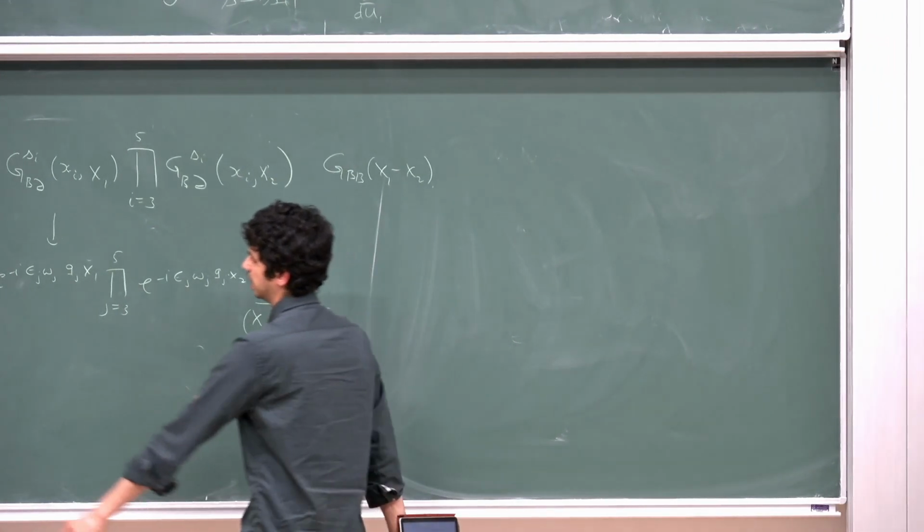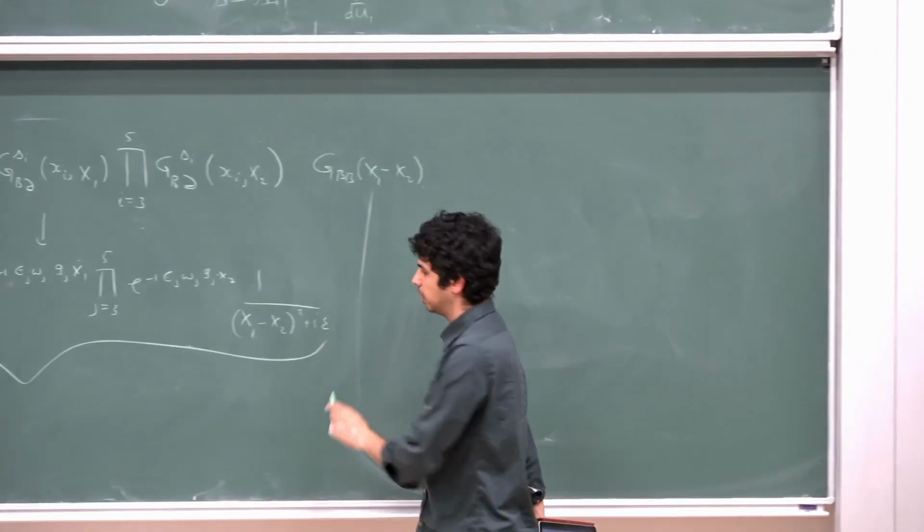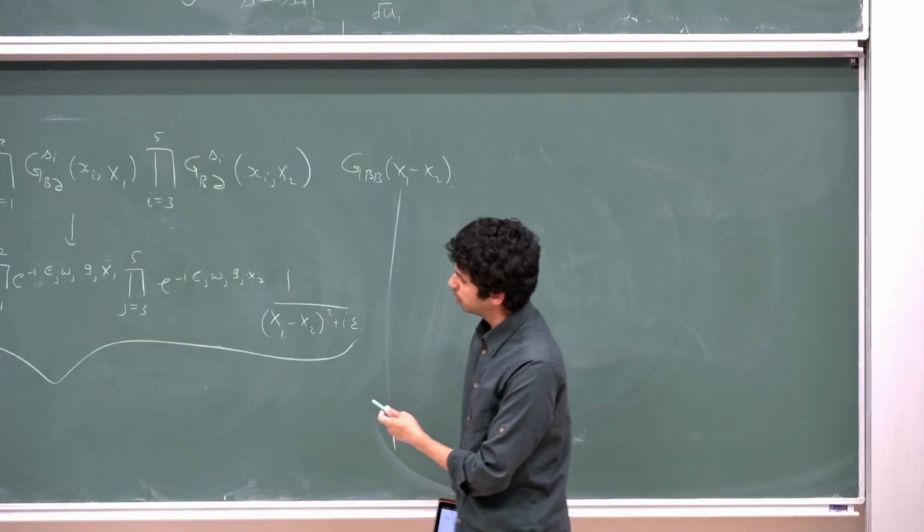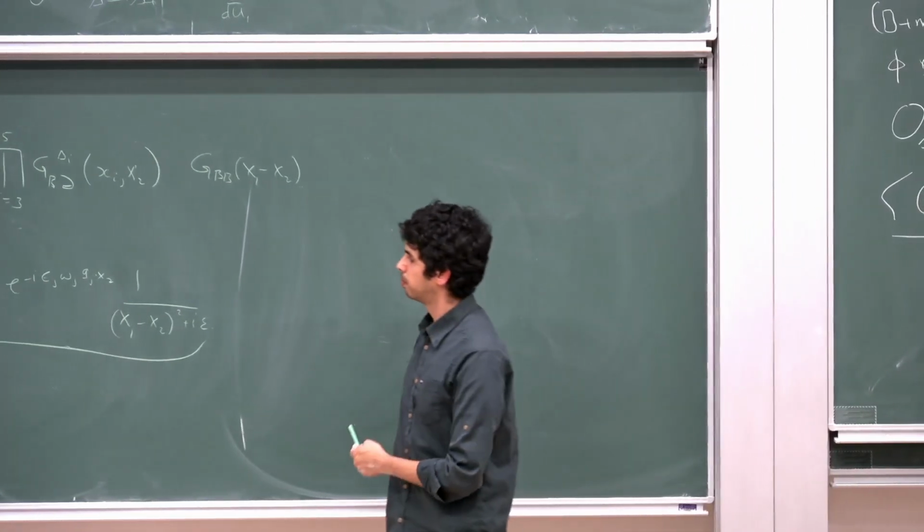And the point is just that this whole object you can recognize as the Feynman rules for a momentum space amplitude.